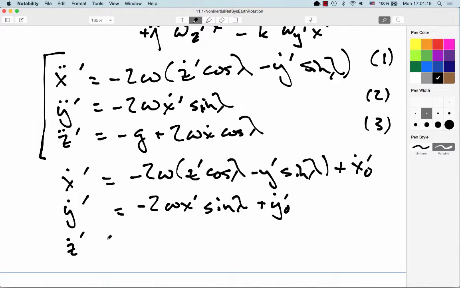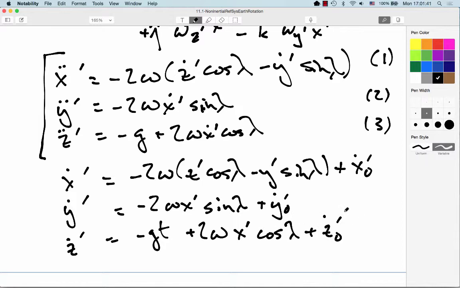And z prime dot is going to be minus gt plus 2 omega x prime cosine lambda plus z naught dot prime. All right, and we'll call that set 4, 5, and 6.